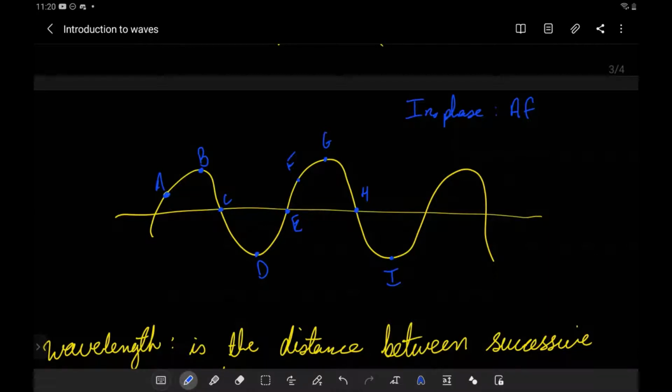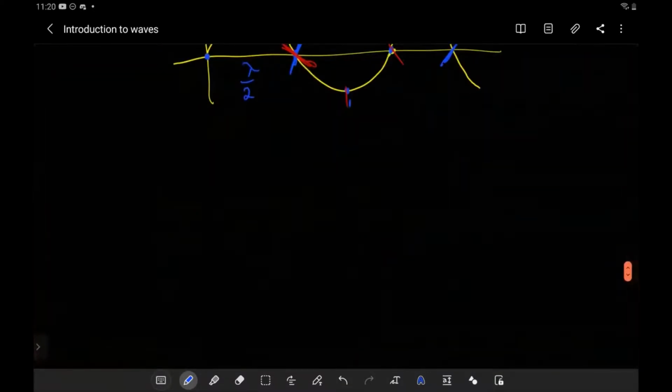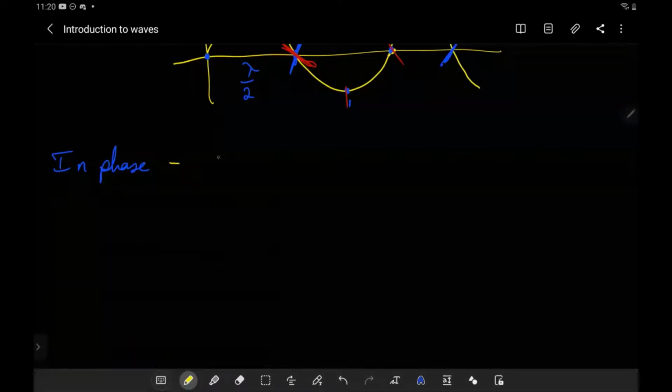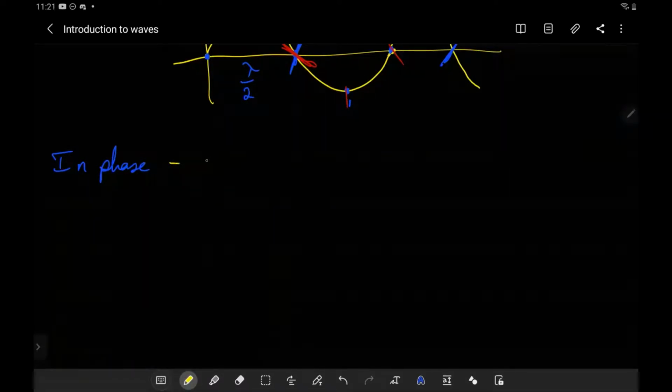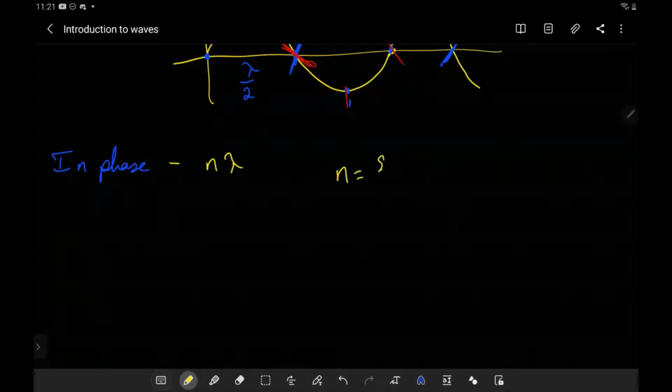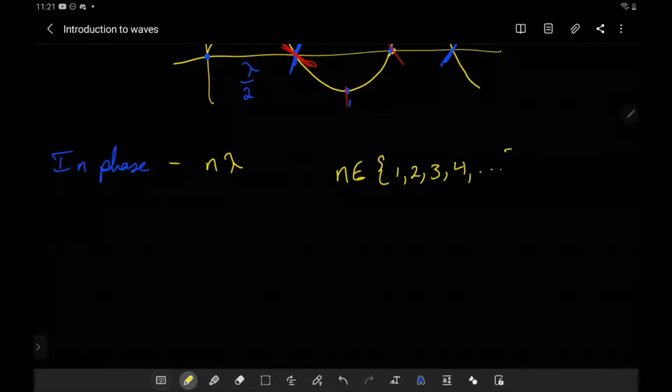All right. So in phase means that we have multiples of lambda, where n is an element of the set 1, 2, 3, 4, and so on.